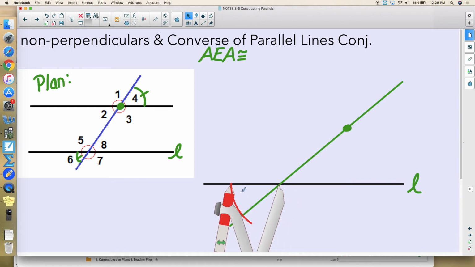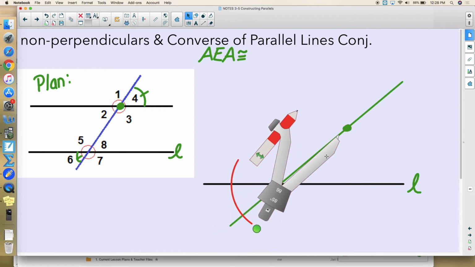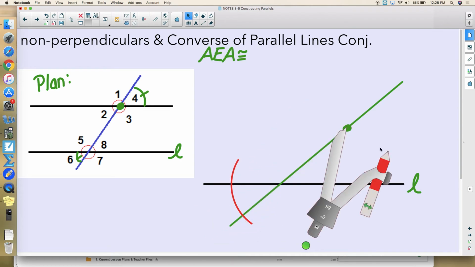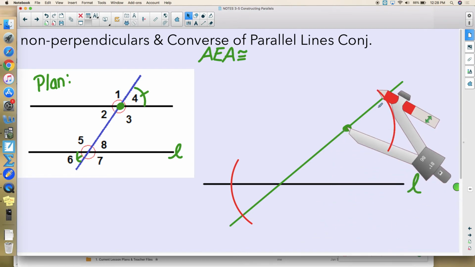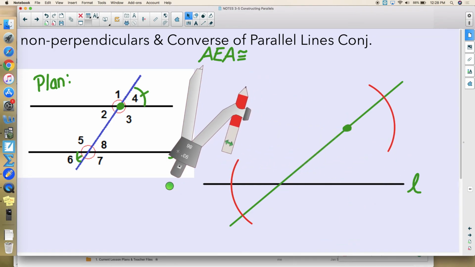I'm going to swing my compass once at that angle 6 location. Then I'm going to come up and I really need to swing that right here where I believe I'm going to put angle 4. And I've got to estimate a little bit, so I'm going to go underneath and up above, so that my arc is there, about where I believe angle 4 is going to go.